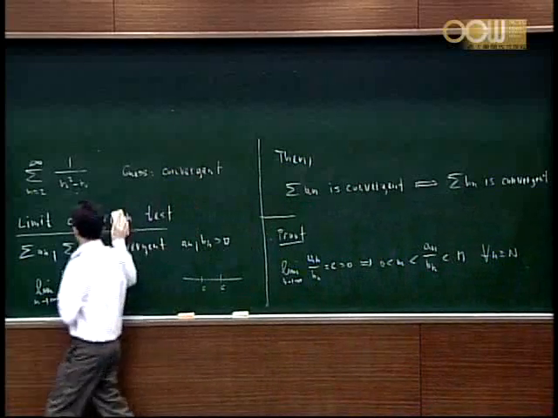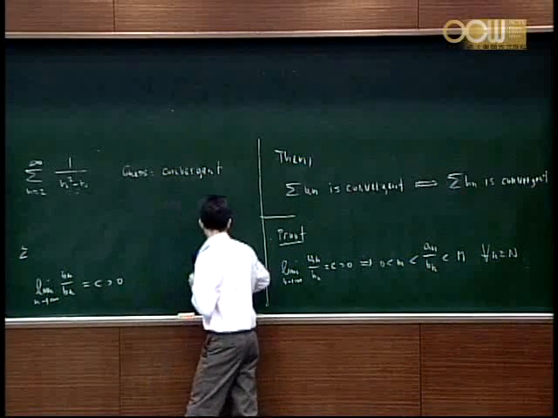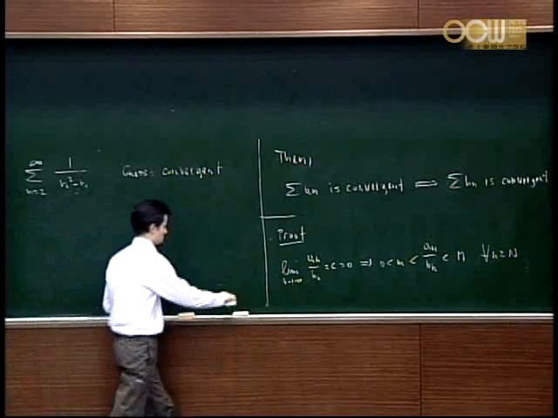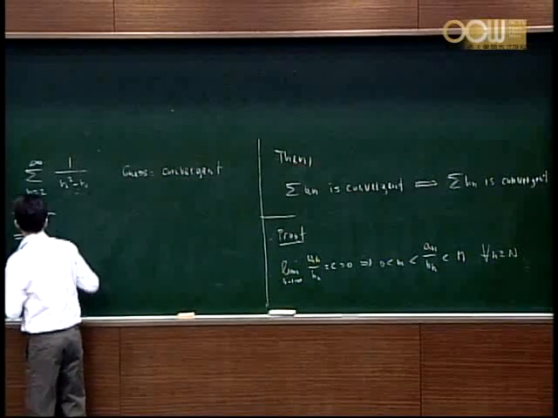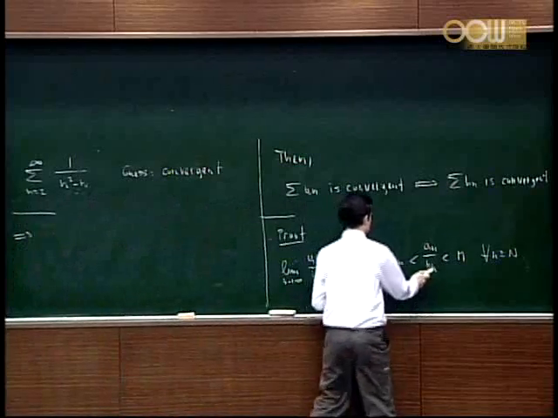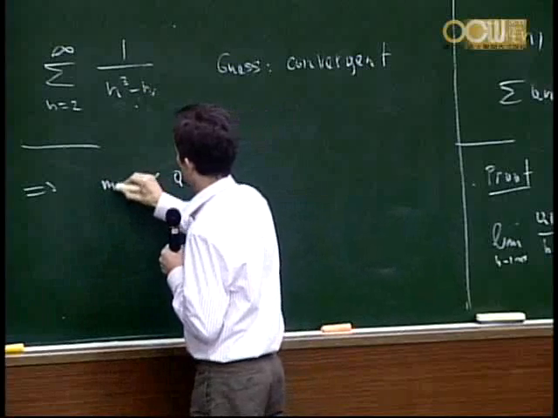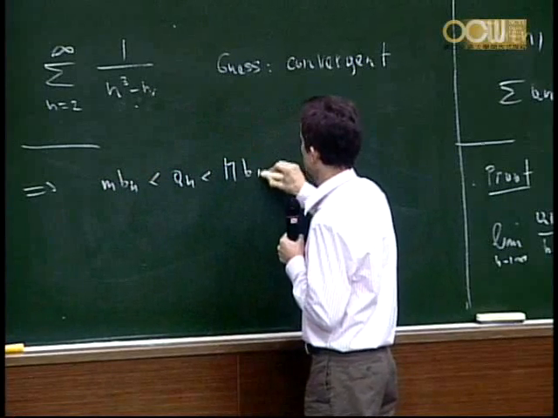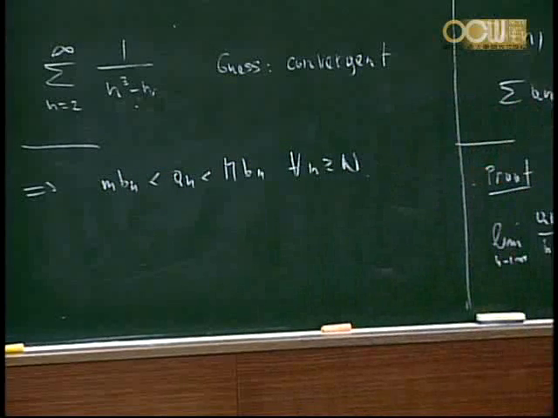Now, you see that this means that a_n is larger than m times b_n and smaller than capital M times b_n for all n larger or equal than N. And now you see already how to argue.